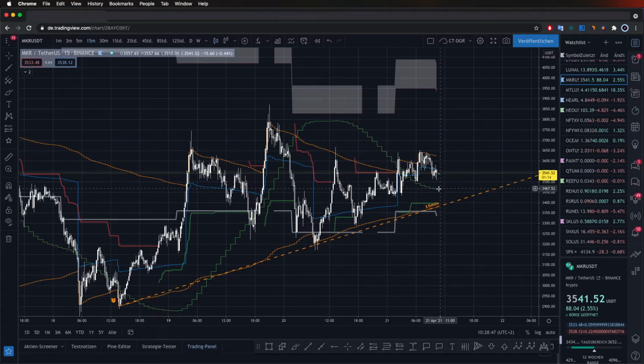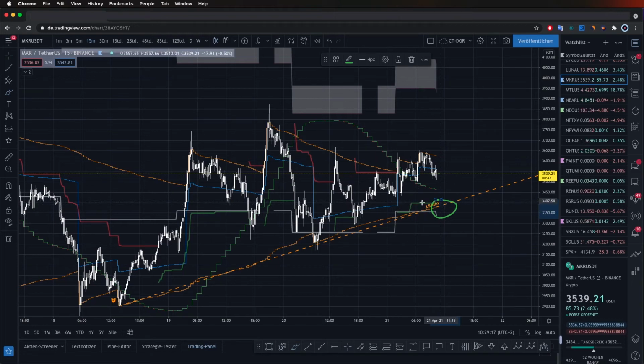If we come down here, we have the support of the DGR, but we are also somewhere between good and bad. We would have the DGR beneath us, but from here to there, it's just not so much more. So I could imagine that the price really tries to come back to our support line, to our step line, to our 15 minutes buyer line. Over here, we really would have a nice entry point.